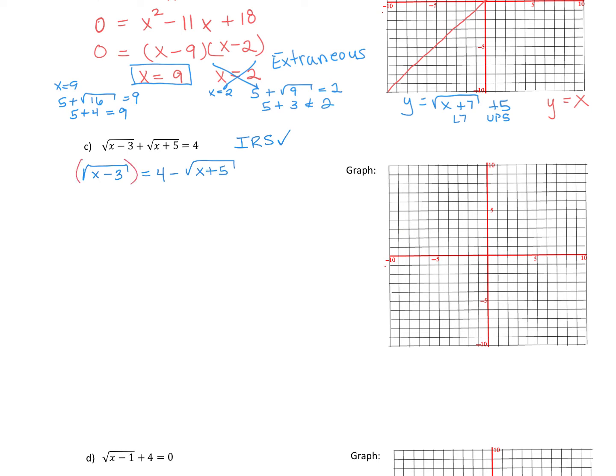The next thing we have to do is raise both sides to a power. In this case, we're squaring. So we have x minus 3 equals, and let me write this one out because I still have to FOIL this. And we'll have x minus 3. 4 times 4 is 16.